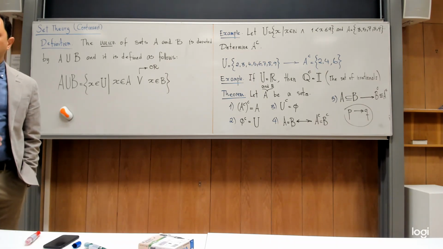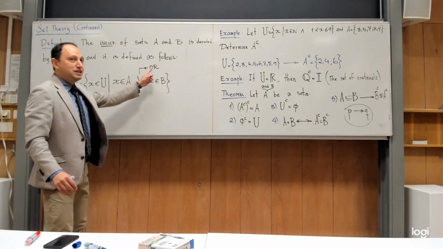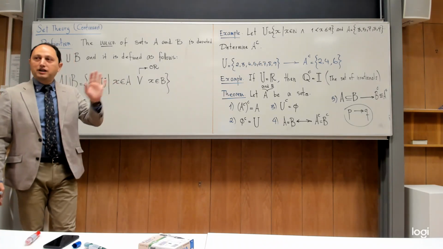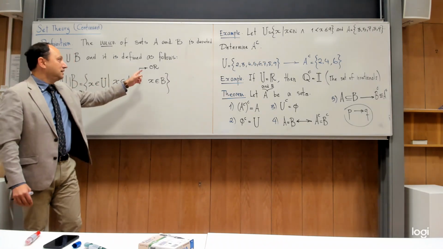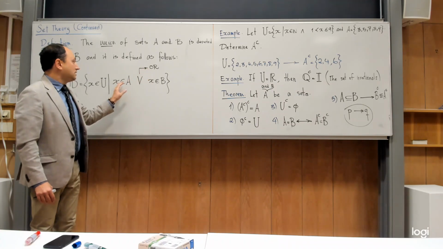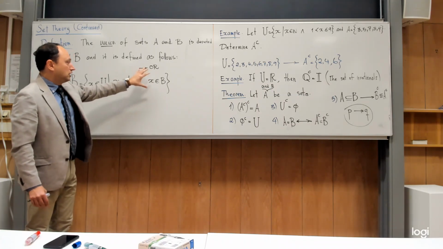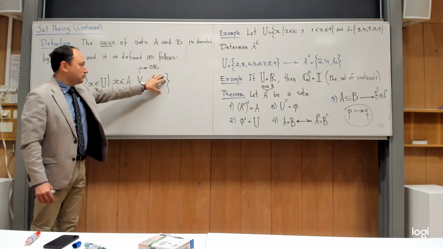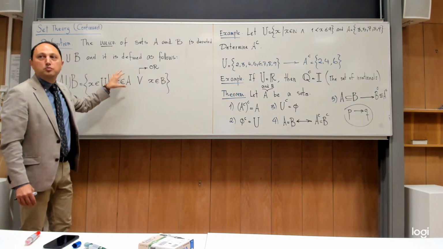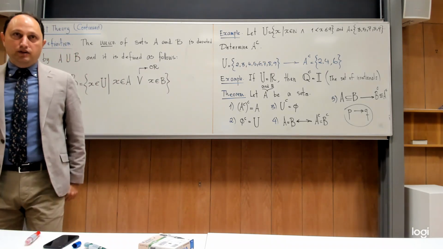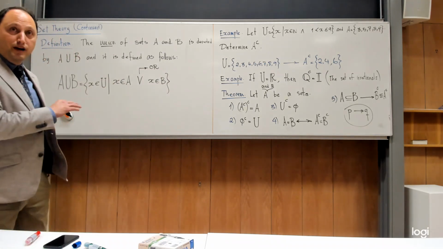This is exclusive. But in mathematics, when we say or, without any explanation, it always means that it's inclusive. It means either this one but not that one, or this one but not that one, or both. So or means this in everyday language. In mathematics always.